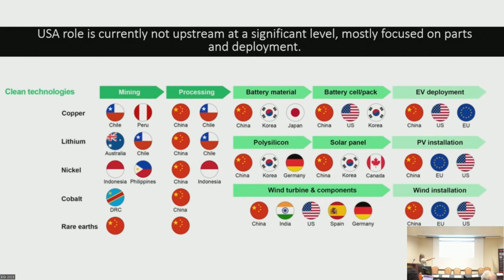We're good here at parts, components, deployment. We're really good there, actually. Best in the world, I would argue. This is a problem. You all know this, but I really like this graphic because it just punches you in the face. Like, what are we going to do? Now, there are things we can do, but it depends on our approach.